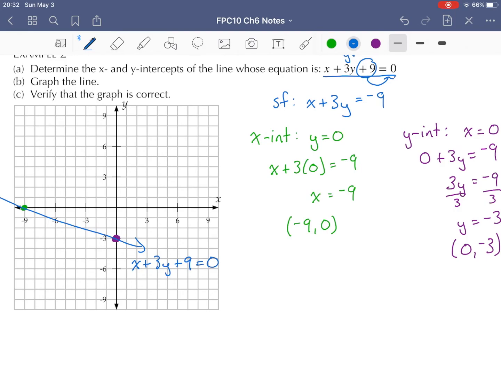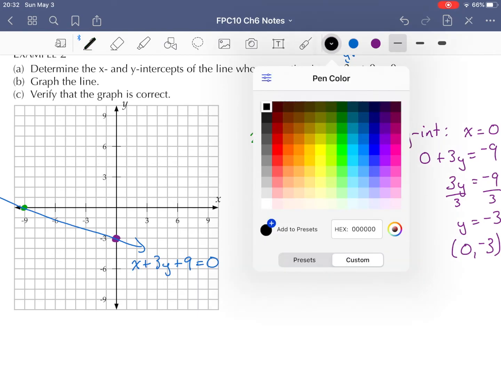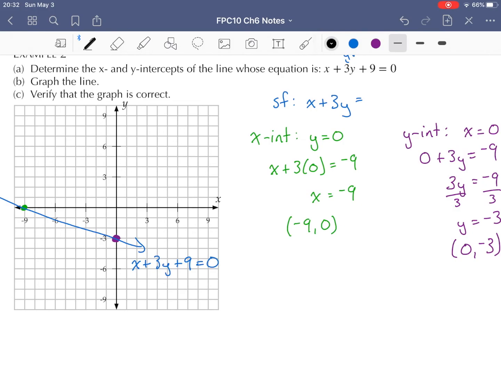Now, how do we verify that our graph is correct? Well, I'm going to verify it in a kind of a strange way. I'm going to turn our general form equation into y equals mx plus b form. I'm going to see if that matches.